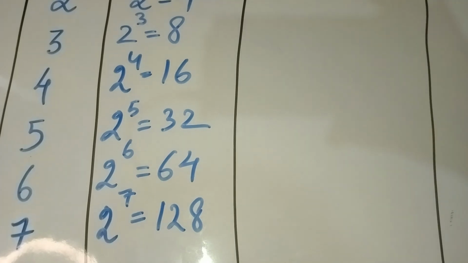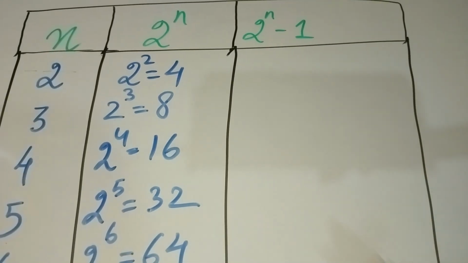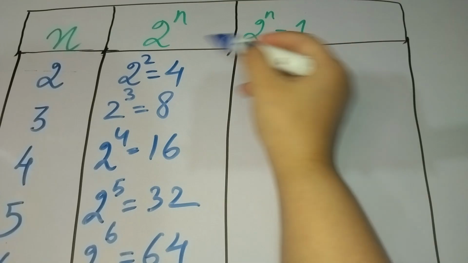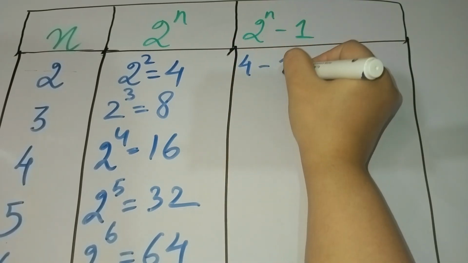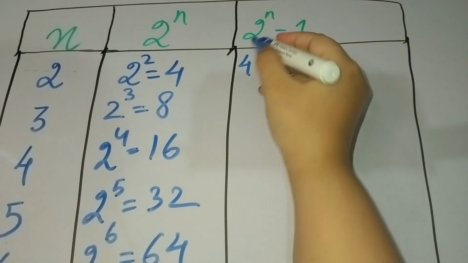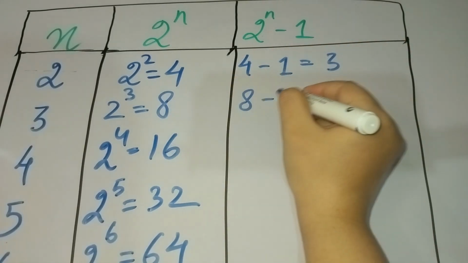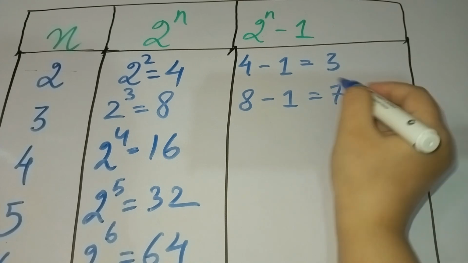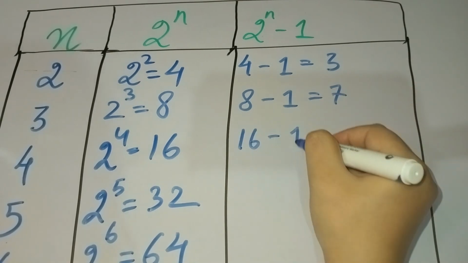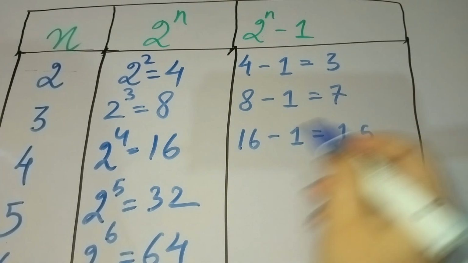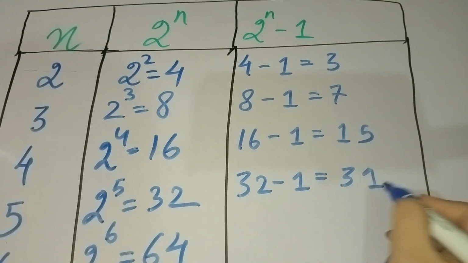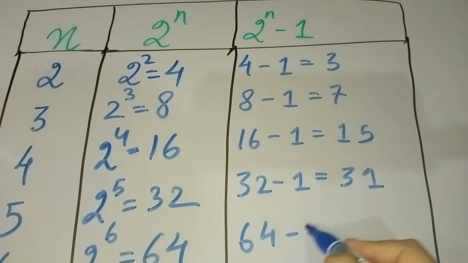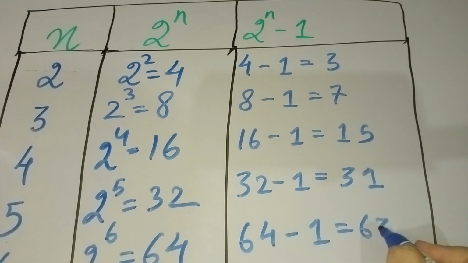Okay, now 2 to the power n minus 1. We have already calculated 2 to the power n, which is 4, minus 1, so it will be 3. Similarly, 8 minus 1 will be 7. 16 minus 1 is 15. 32 minus 1 is 31. 64 minus 1 is 63.